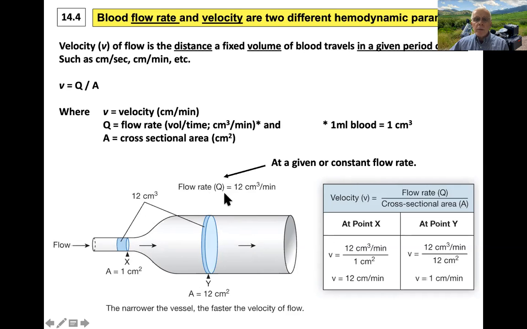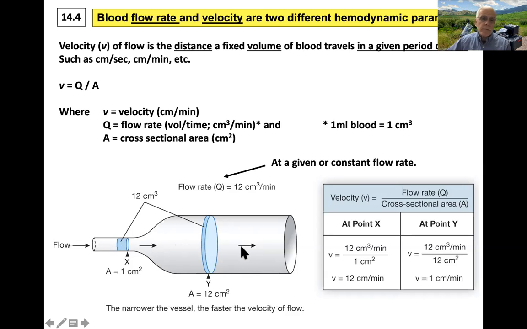She's got fluid coming in at the left at 12 cubic centimeters per minute. Let's say 12 mils per minute. If the blood comes in at 12 mils per minute, will the velocity be constant as it moves through a tubular system of varying diameters? Well, the answer is no.